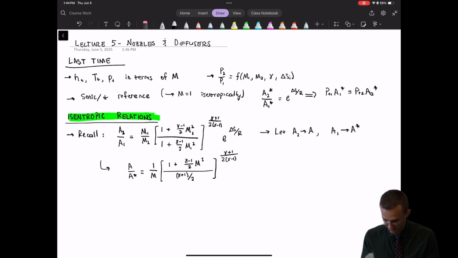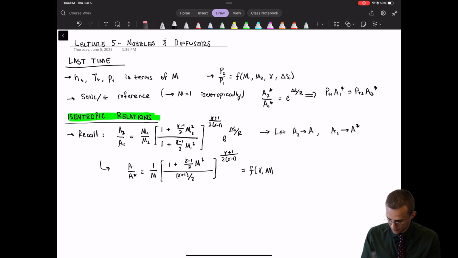And then what about the exponent part? Well, like we said, this is about an isentropic process, so delta S is equal to 0, and that component goes away. Okay, and an important thing to notice is that this is just a function of gamma and M, the Mach number at the given state.